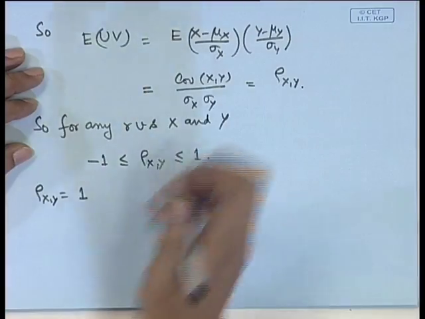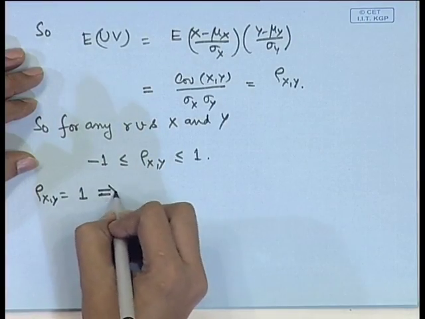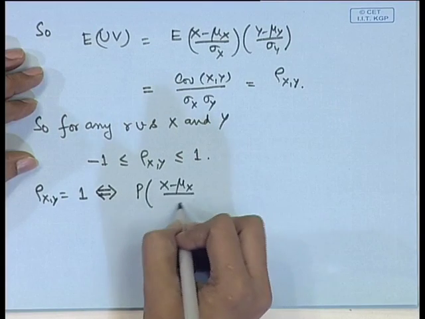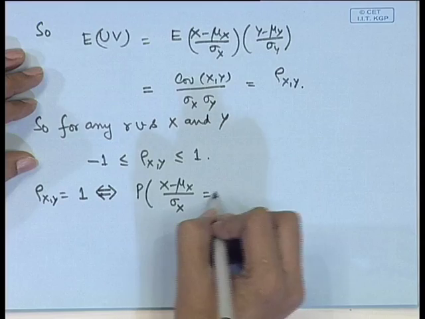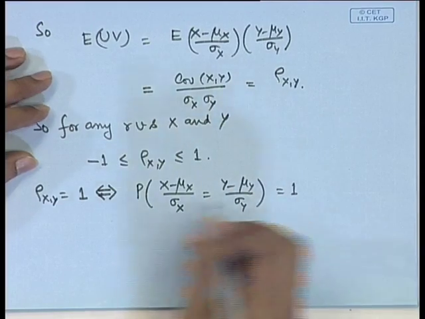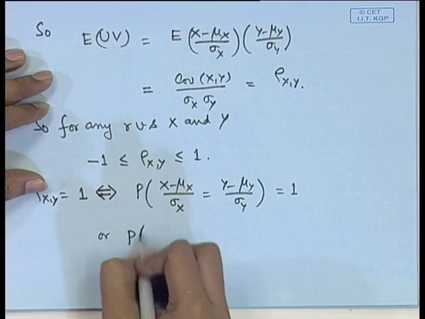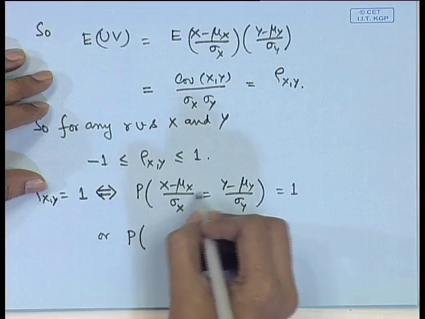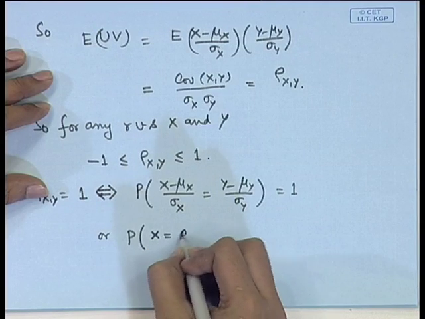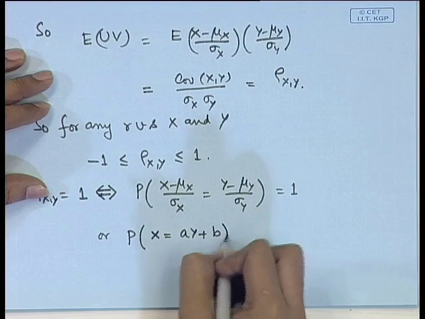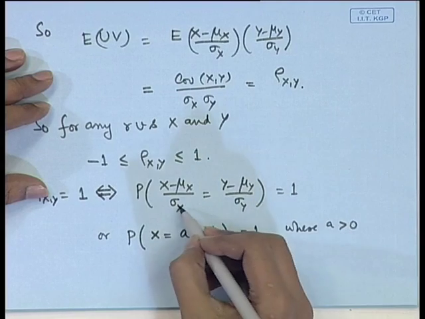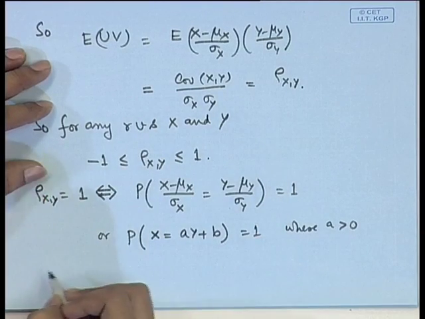So, this will be satisfied if and only if probability that (x minus mu x) by sigma x is equal to (y minus mu y) by sigma y is equal to 1, or you can say probability that x is a linear function of y, that is x is equal to some a times y plus b, where a is a positive number because sigma x by sigma y.